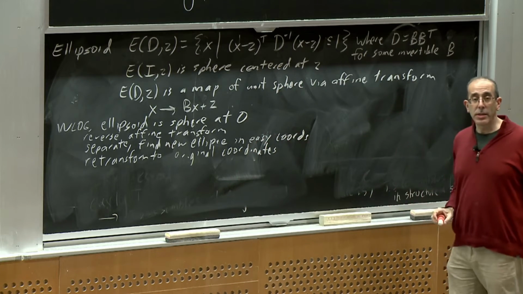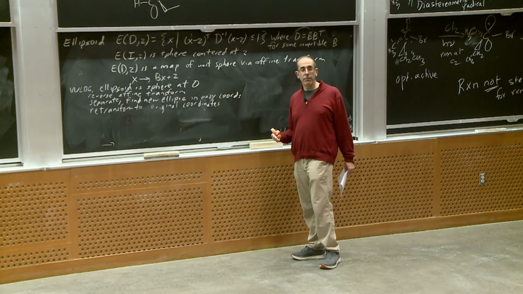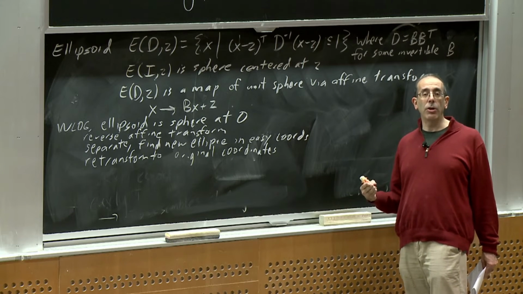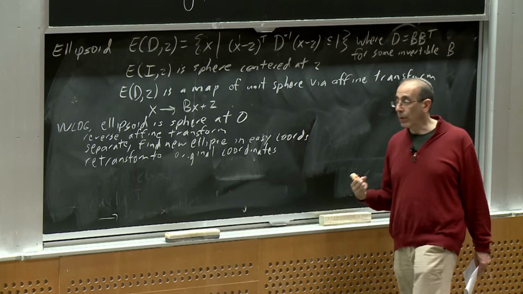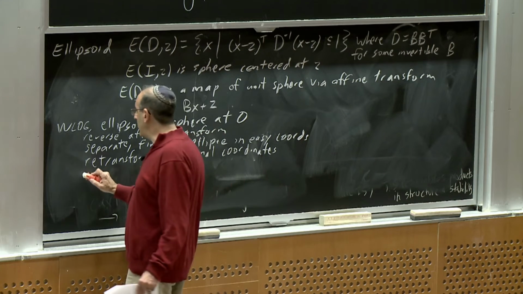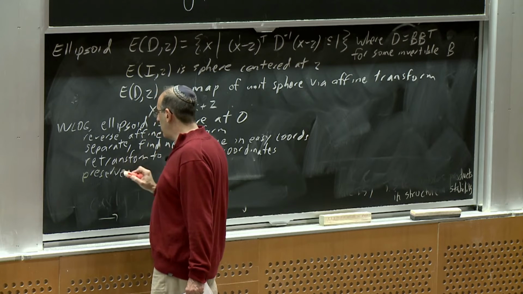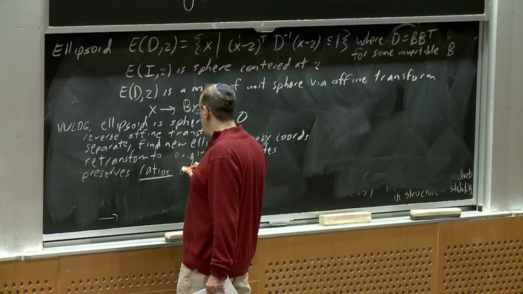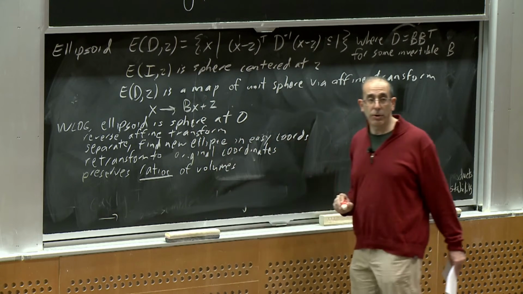What's important is that any affine transformation has an inherent volume transformation. So a given affine transformation will change the volume of any shape by the same amount, okay? And so running the affine transformation forward and back will preserve the ratios of the volumes of two different objects.